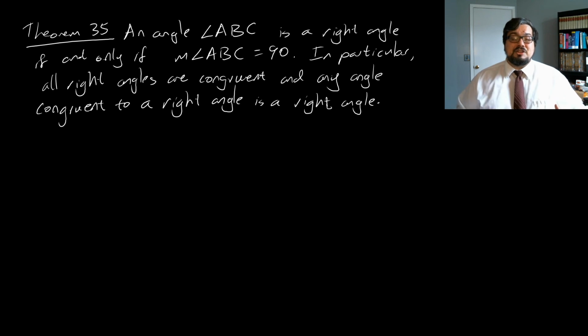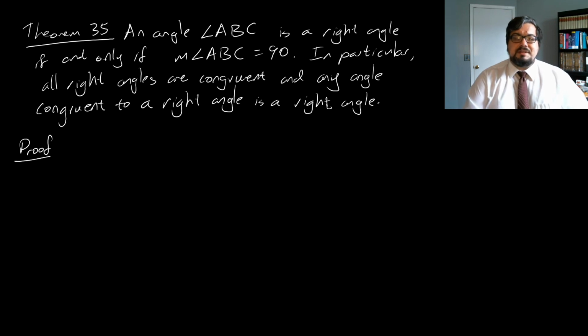And in synthetic geometry, you have to take the second half of this theorem as an axiom about right angles. We don't have to do that because we have the real numbers, but it is important to think about how this would work if we didn't have the real numbers to rely upon. The proof is pretty straightforward.